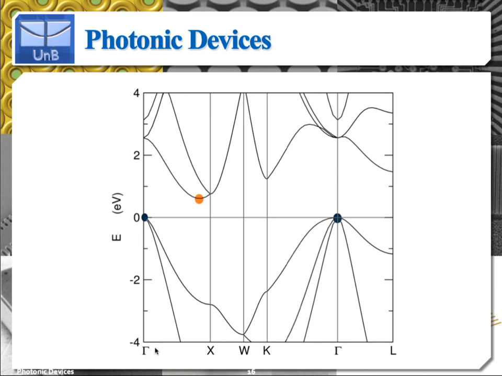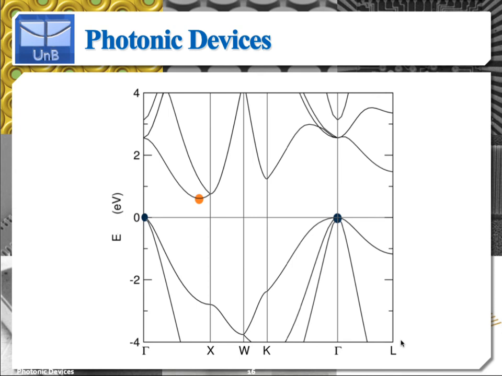Also, there are a few more details here. You might ask, what are these gamma, X, W, and K points right here? So this would correspond to the K space. Well, as opposed to a one-dimensional lattice, for a three-dimensional lattice, the K space or the wave vector space is going to be three-dimensional.